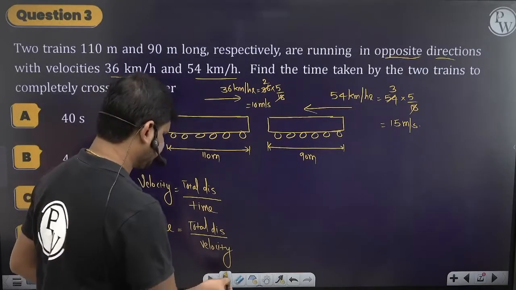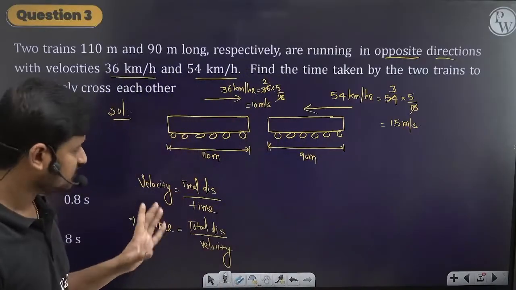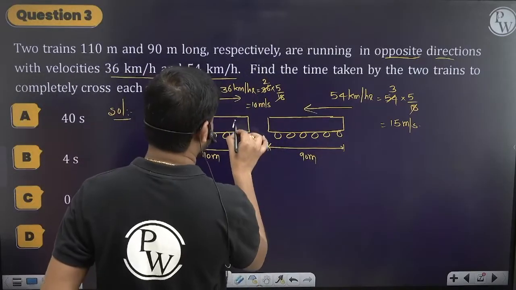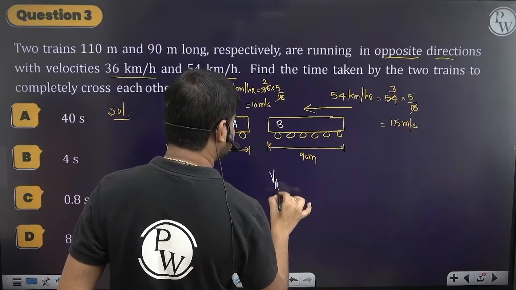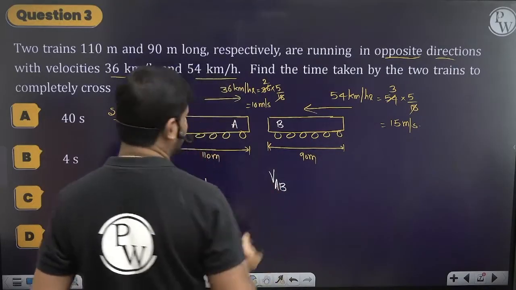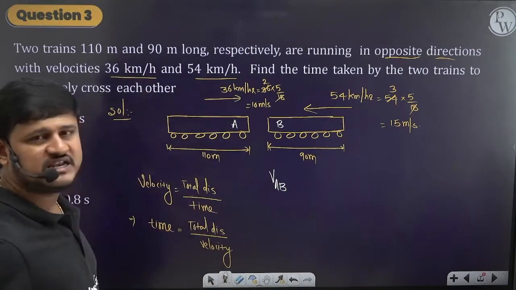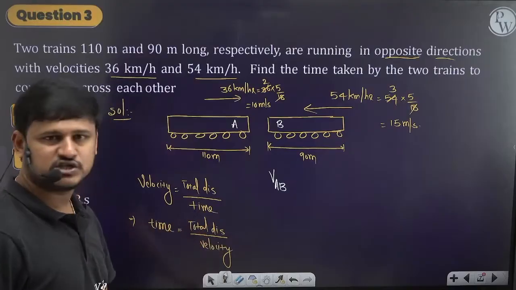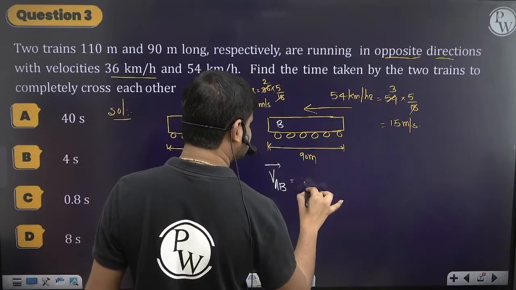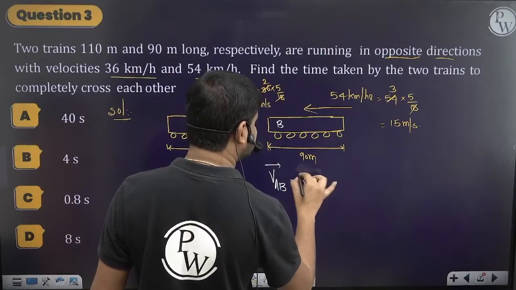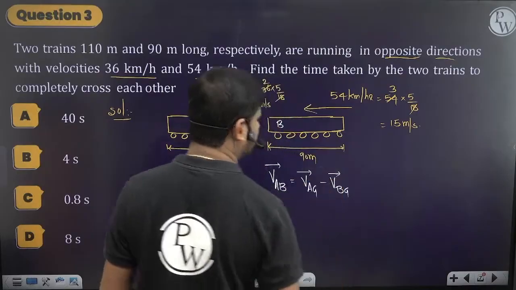So you can find, let's suppose this is A, this is B. Now the relative velocity of train A with respect to B you can find, or else train B with respect to train A, anything you can do, we just need the velocity. So A with respect to B is equal to velocity of A with respect to ground minus velocity of B with respect to ground.